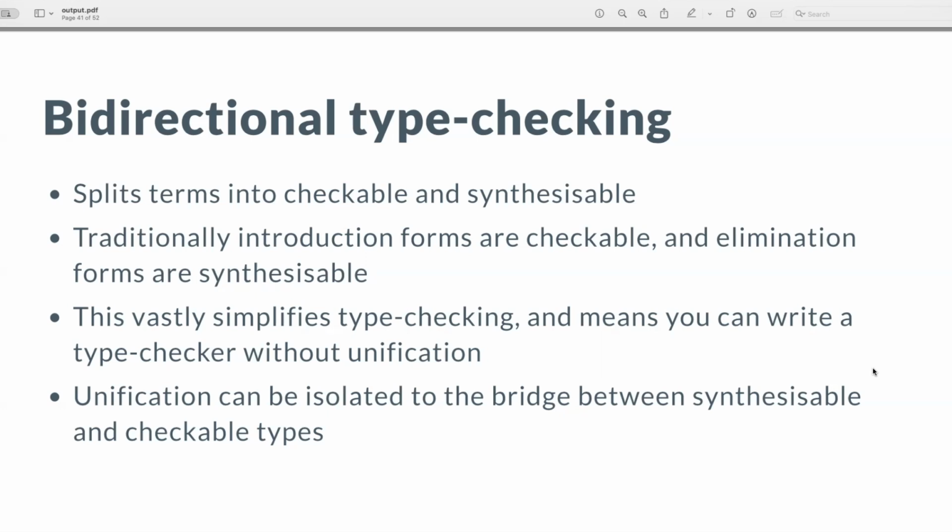You can write a very nice structured recursive type checker very often. And you don't need unification unless you want it, because you can just annotate everywhere that you'd normally use unification, and then you don't need it. Actually, this fact was a motivation for this research work, because I don't like writing unifiers. I was really trying to see how far I can push type checking without unification, and it turns out very, very far.